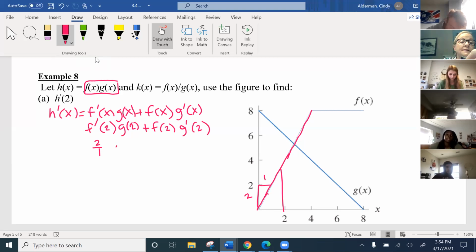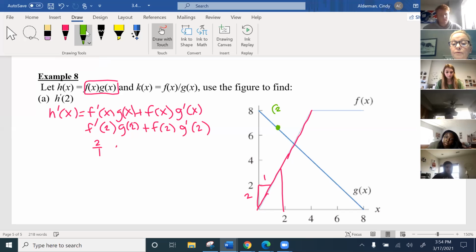And then if we did g of 2, here's the g function, and we want to know at 2, what is the y value? And actually, I think I didn't draw this very well. I think it's 6.